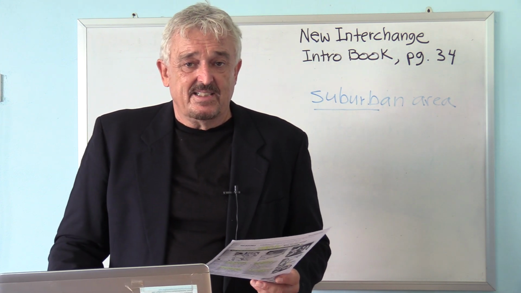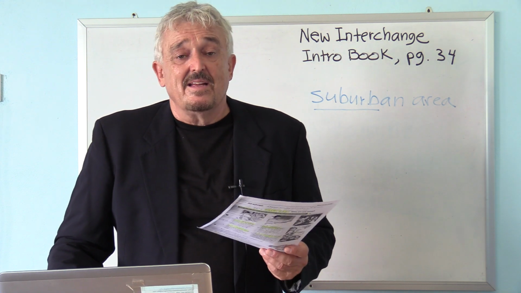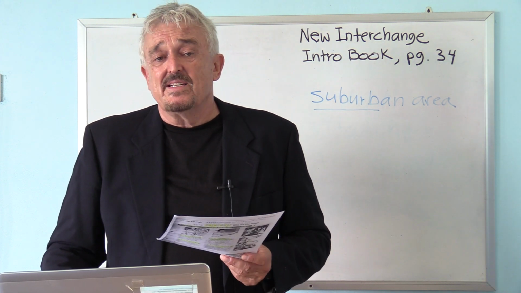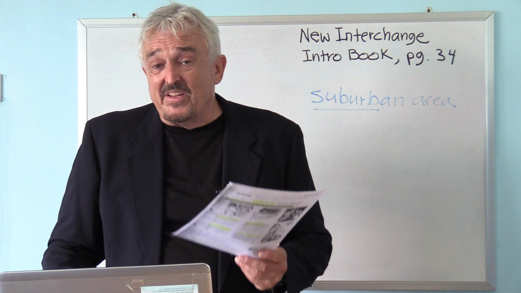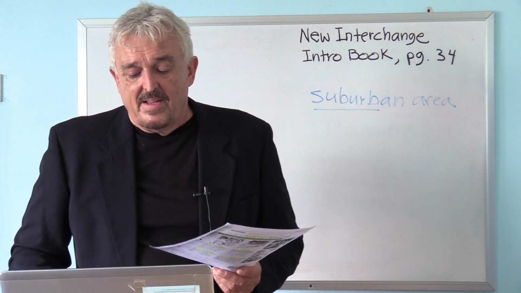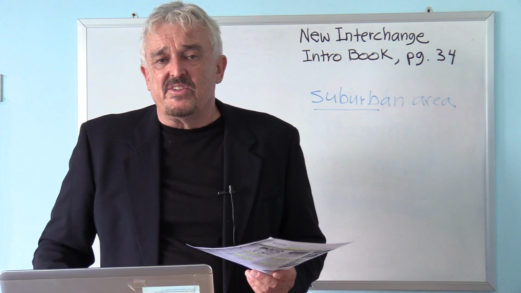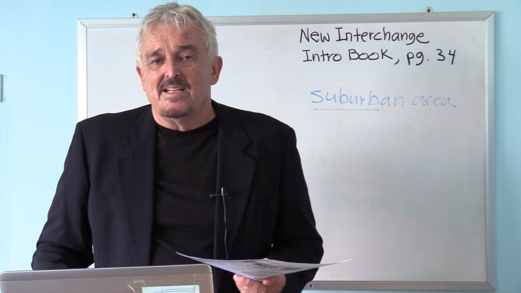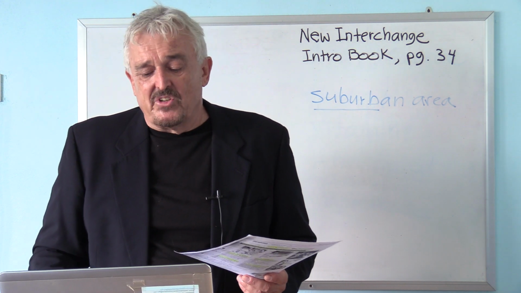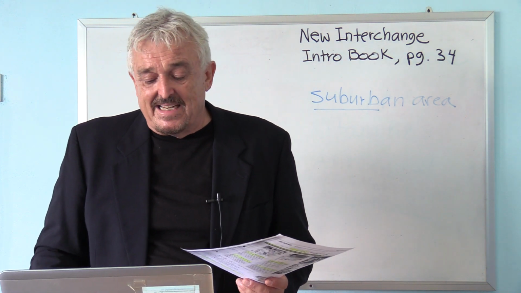Village, hamlet. Downtown, business district, residential area, suburb. Notice, business, the S has the Z sound, biz. S has two sounds, S, Z. And so in this time, it has the Z sound, business district.